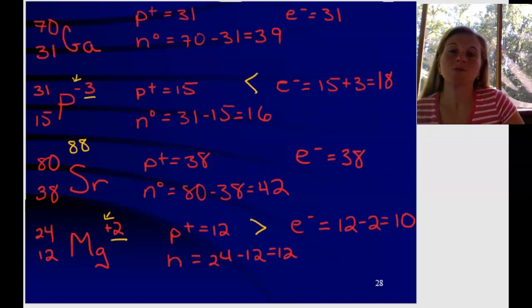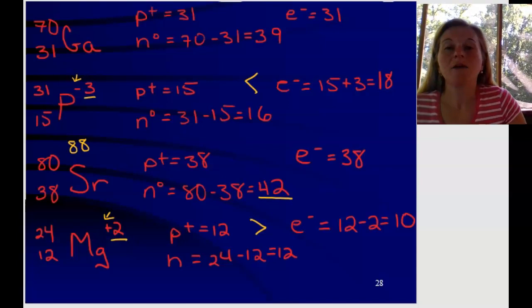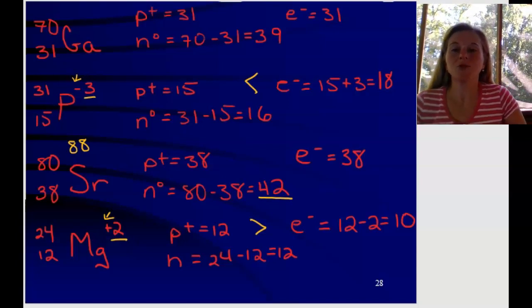Remember, isotopes are atoms of the same element with a different number of neutrons, and therefore their mass is different. So this particular strontium sample is going to have 42 neutrons, where on average a strontium sample would have 50 neutrons in its atoms. So those are isotopes of each other.